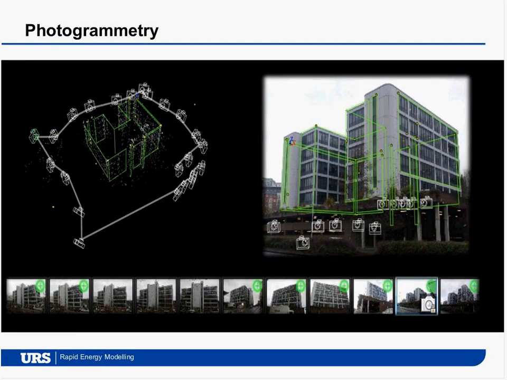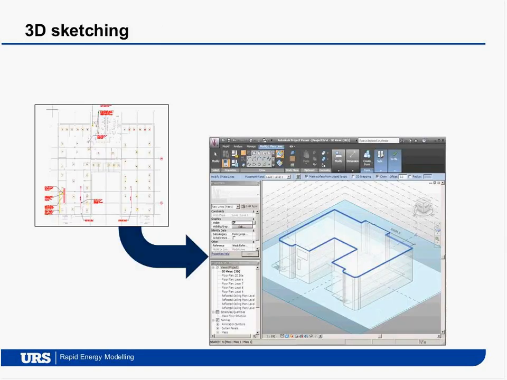With a tool called photogrammetry, we can get a bit of an economy advantage, because we create the 3D model simply from photos that a trained site engineer has taken when visiting the building to perform the audit. So we take a whole bunch of photographs around the building, with software that generates a 3D model from those images. You can see it there. We've used that with great success so far.